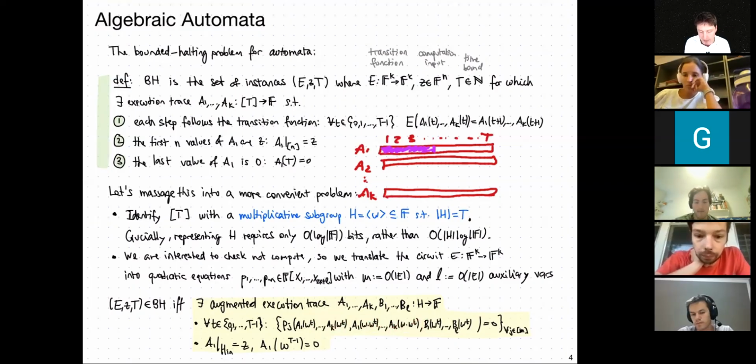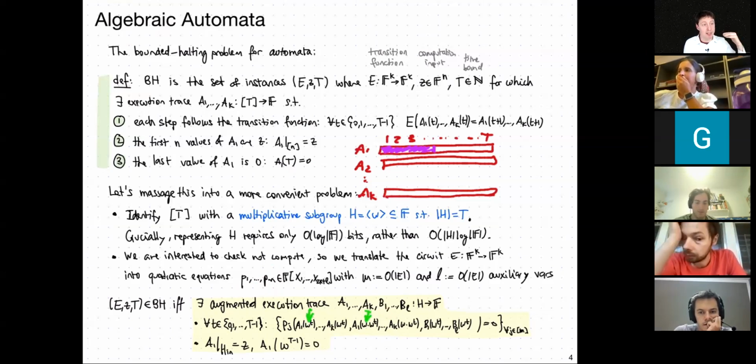But what is the next time? I'm going to take the current location, which is omega to the t, and by multiplying it by omega, I'm going to go to omega to the t plus 1. That's the next time step in this total order inside this cyclic group H, right? And then I'm also going to provide the auxiliary variables needed for making this equation satisfied. These are the auxiliary variables coming up from reducing a circuit to quadratic equations.